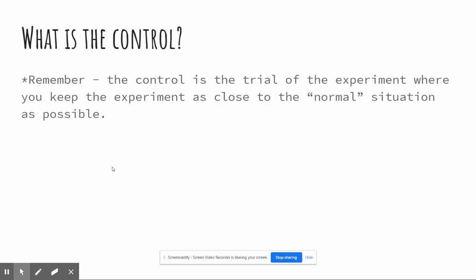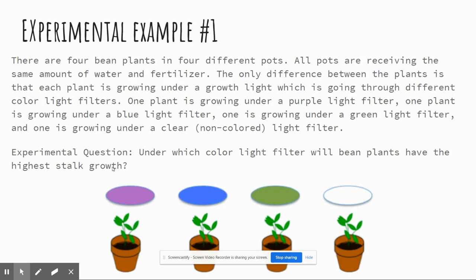Next is going to be the control, right? So I said that the control is kind of hard to explain, but that it is the as close to normal situation as possible. So when we look back at our plants, we're trying to figure out which of these plants is as close to normal as possible. And you think to yourself, okay, do we normally grow plants under purple light? No. Do we normally grow them under blue light?